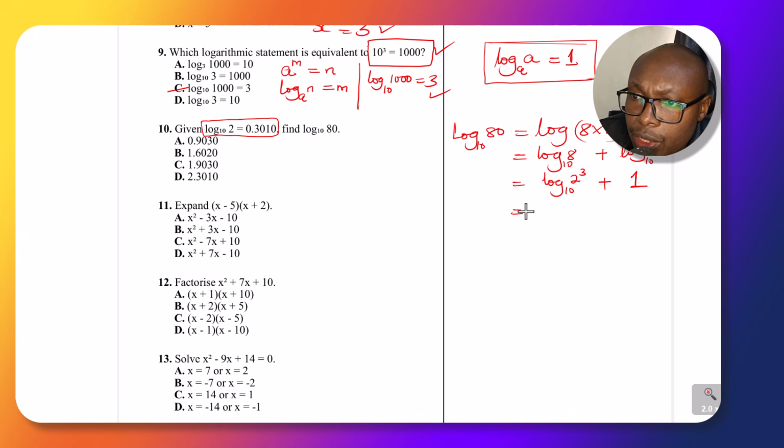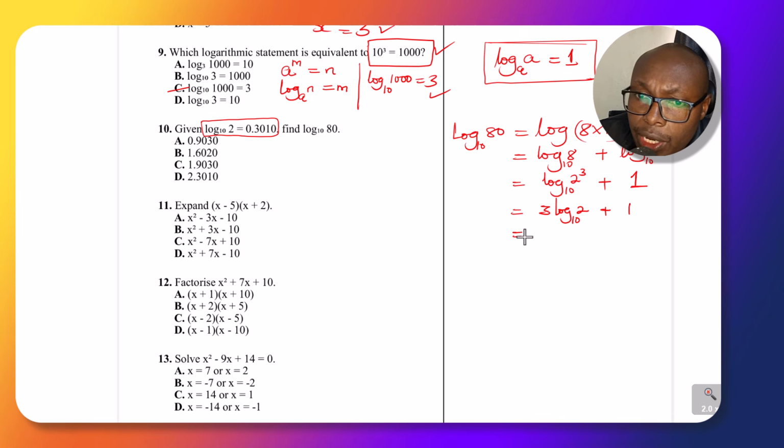This is a very important concept as far as the logs are concerned. So with that, we can proceed and have this again, logarithm of 2 cubed. This can also be written as 3 logarithm of 2 to the base of 10. That is also another important concept that you need to understand about logarithm, that logarithm of 2 cubed can also be written as 3 logarithm of 2 to the base of 10 and then plus 1.